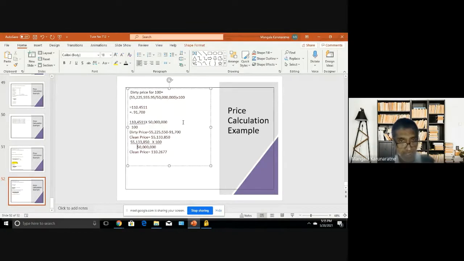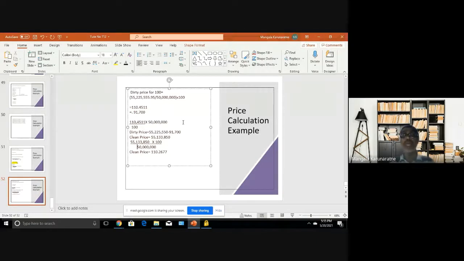So to buy 100 face value of this bond, you have to pay 110 rupees. If you want to buy 50 million of face value, how much do you have to pay?